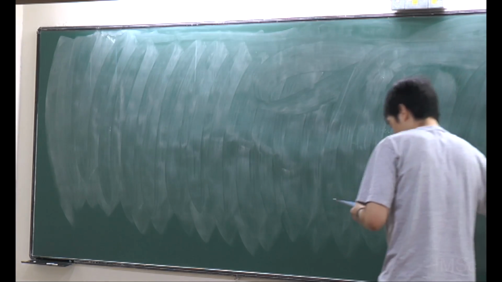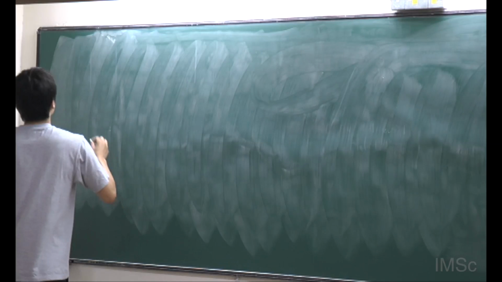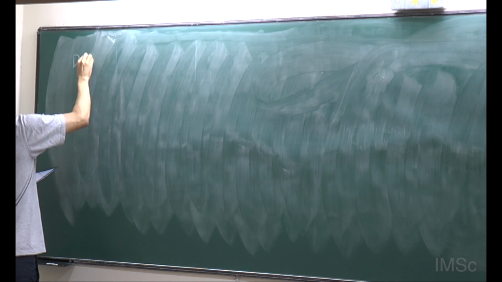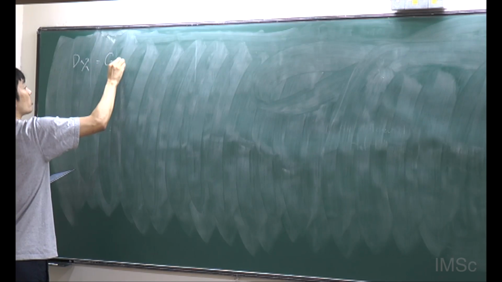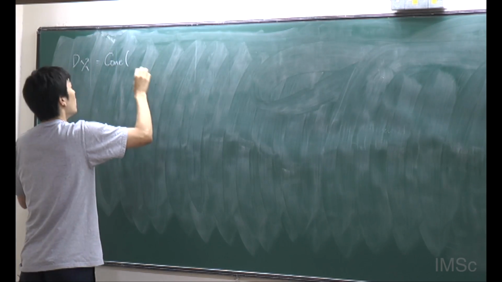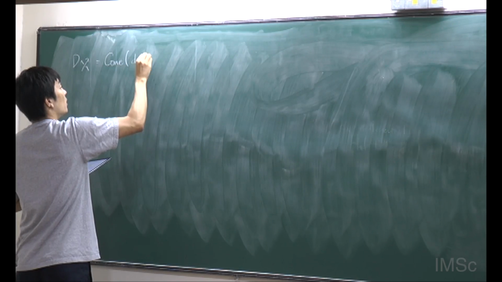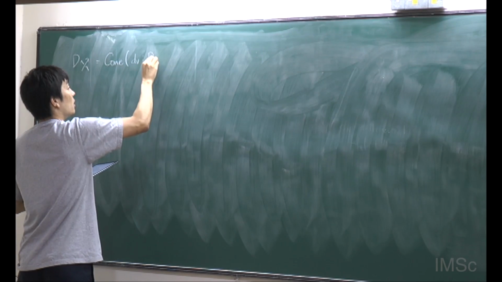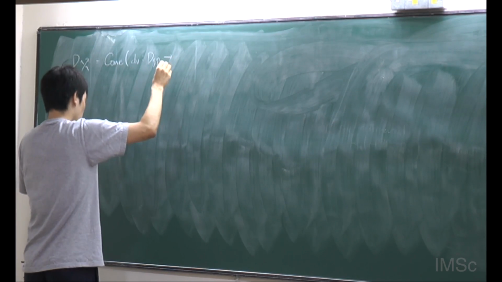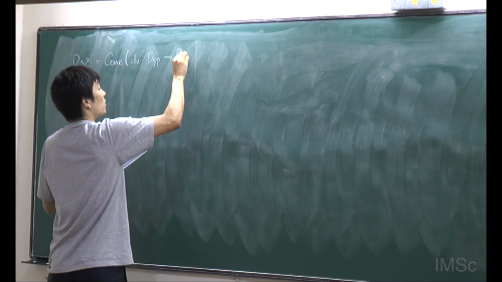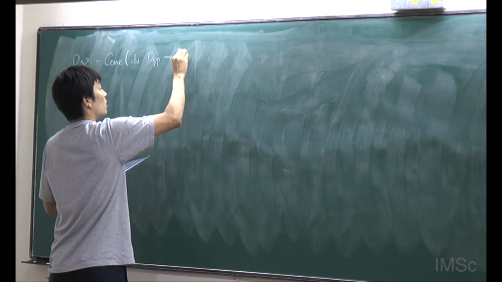So this crossing, the defect, is the cone construction of the dV, this resolution to this resolution.